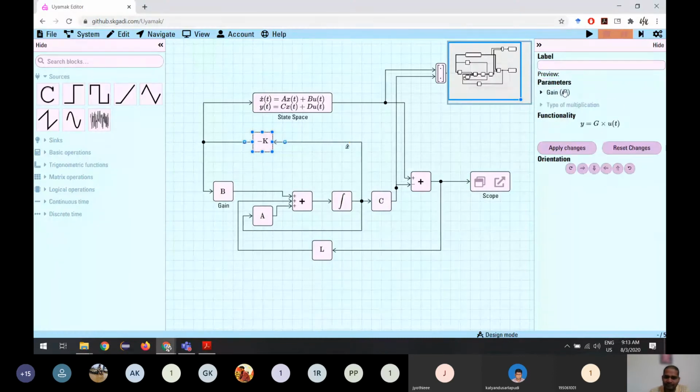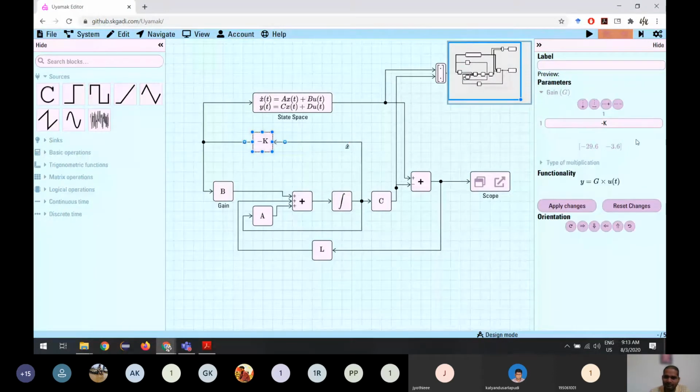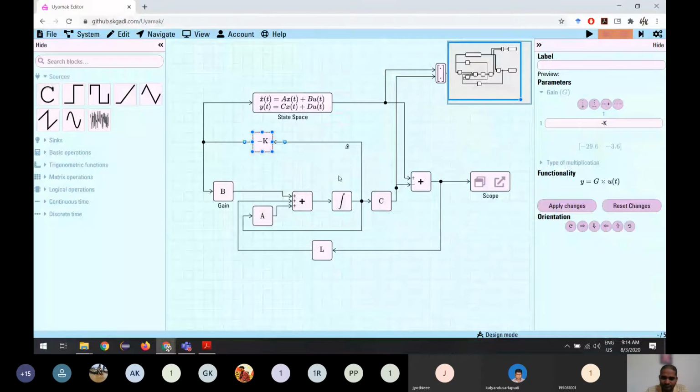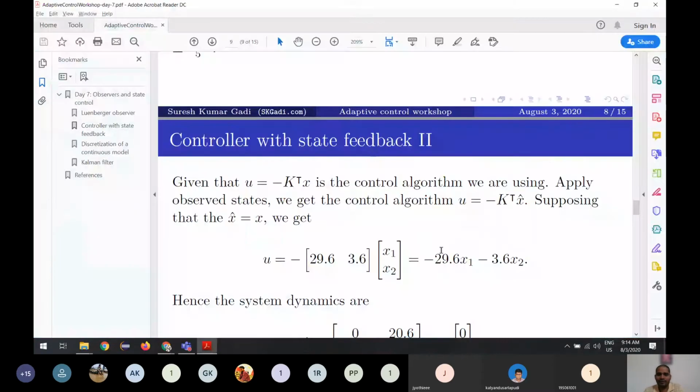Here I'm using K as a row matrix. It's actually K transpose. Instead of putting one more block, I'm directly typing the transpose of K. So here K is actually K transpose. If you have any doubts, please ask me.